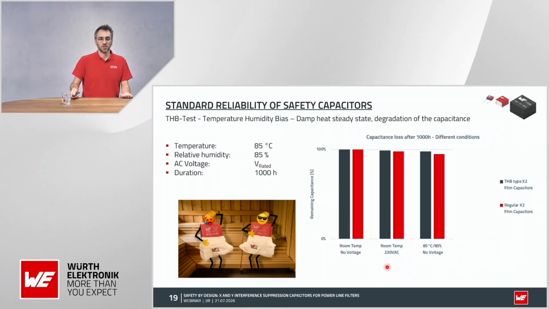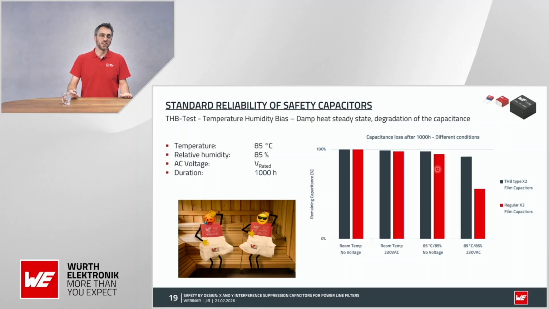If we just apply voltage, nothing happened, with very slight degradation on the regular capacitors. And if we only apply the harsh environment but no voltage, we have a small degradation of capacitance on the regular types. Now, if we combine all the effects together, temperature, humidity, and voltage, we can see how it affects capacitors over time. This is a result of a 1000-hour test.